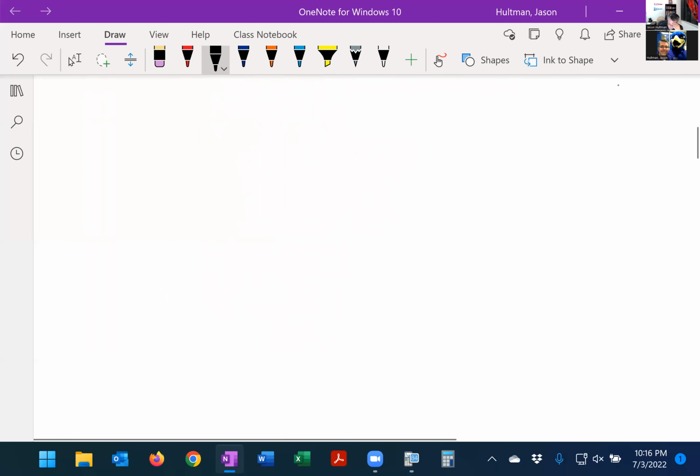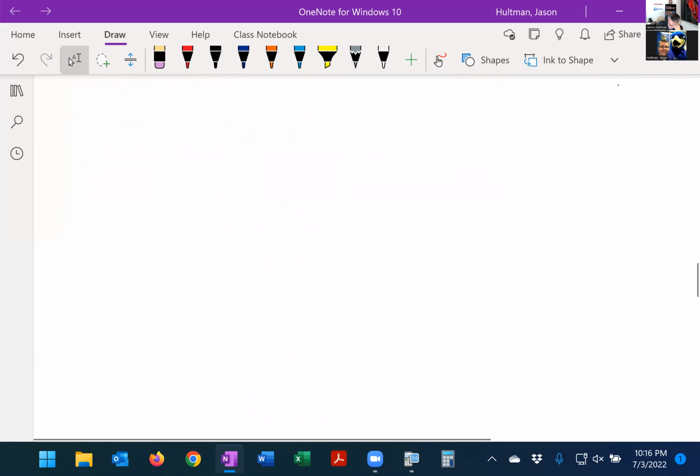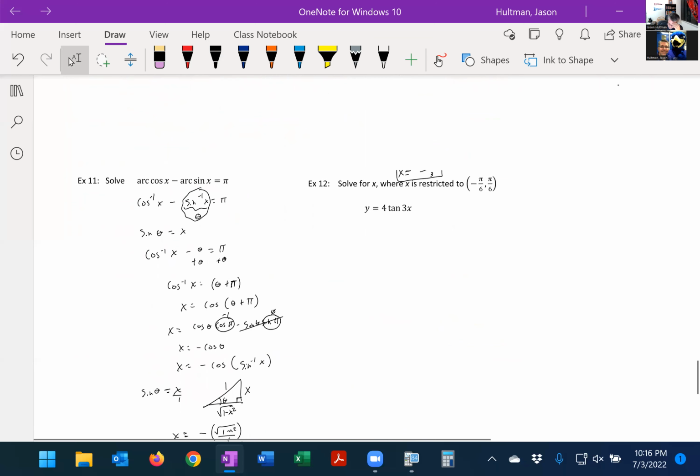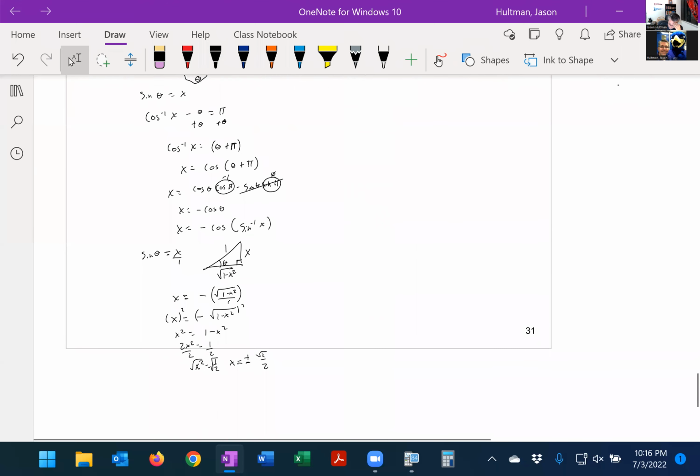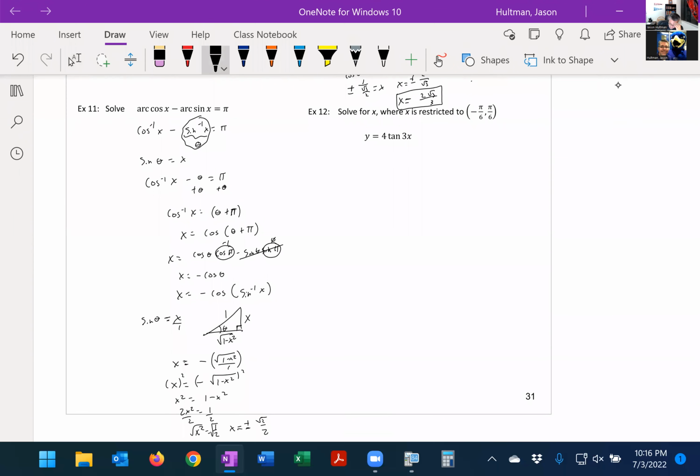Okay, so let's plug this into the calculator and see if it gives me pi units here. Let's see, what is the arc cosine?